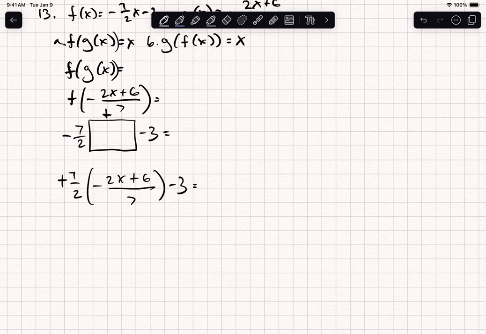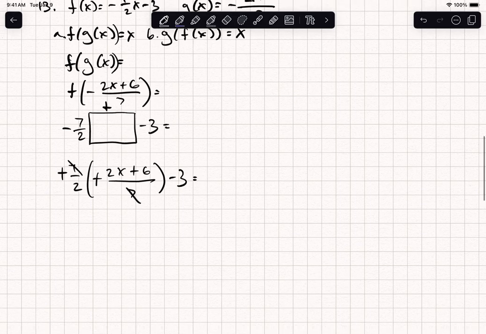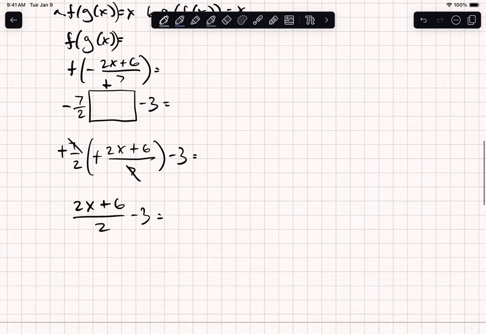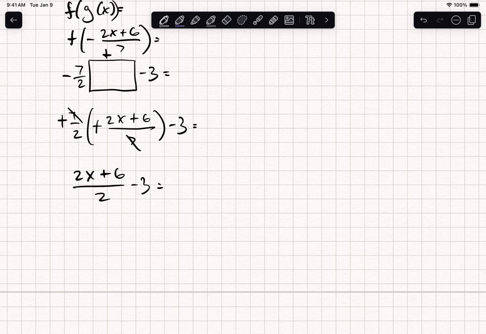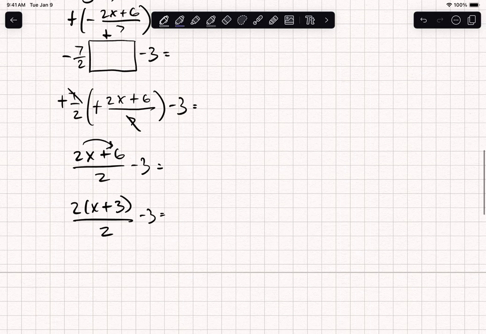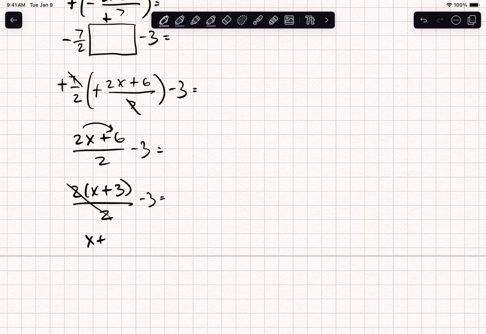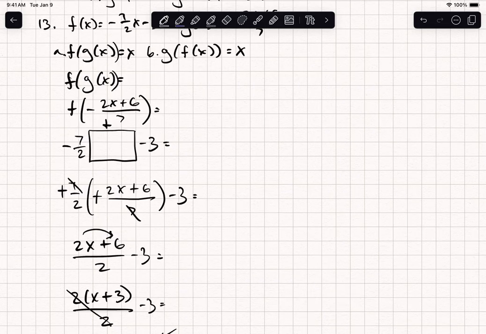First of all, my minus signs can cancel. My 7s can cancel. So I'm going to rewrite. I have a factor of 2 in the numerator that I can take out. 2 times what is 6? 2 times 3 is 6. Now these factors cancel. I'm going to rewrite here. And x plus 3 minus 3 gives me x.